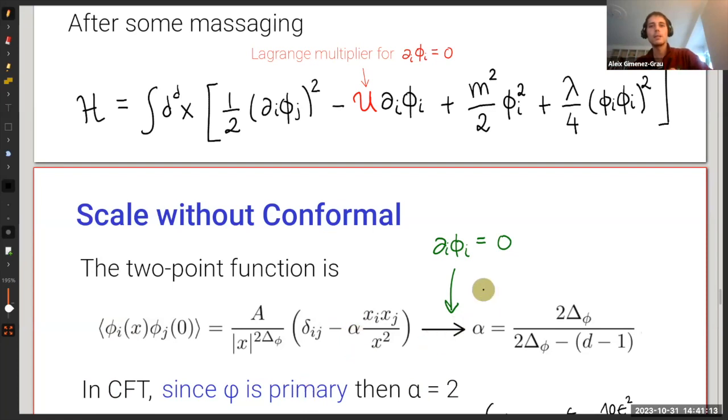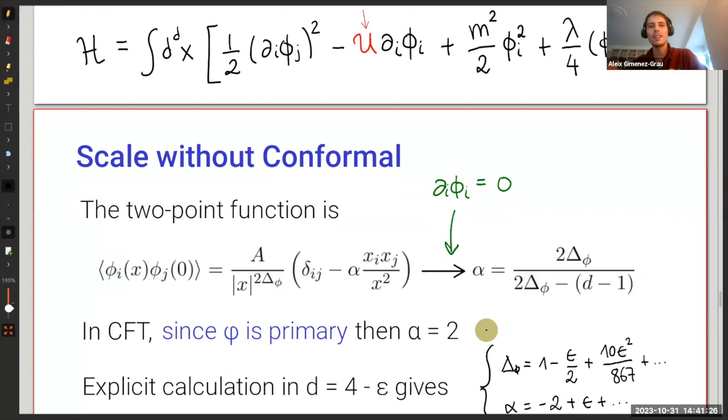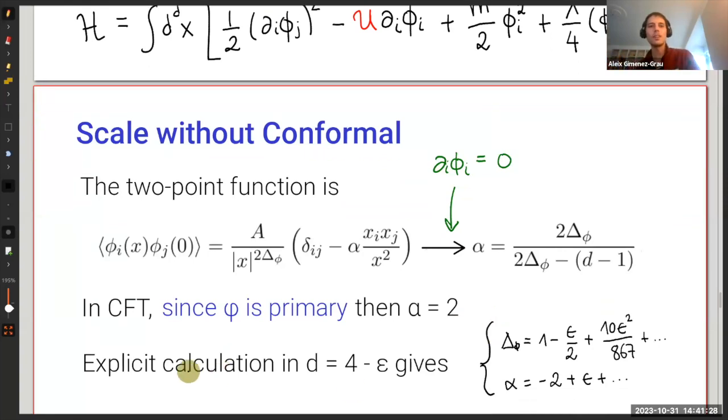But now I'm saying that, well, no, actually alpha has to be this number here. So we just have to compare this number with 2. And if there's no match, then this theory cannot be conformal. Okay, so let's do some explicit calculation in 4 minus epsilon dimensions.